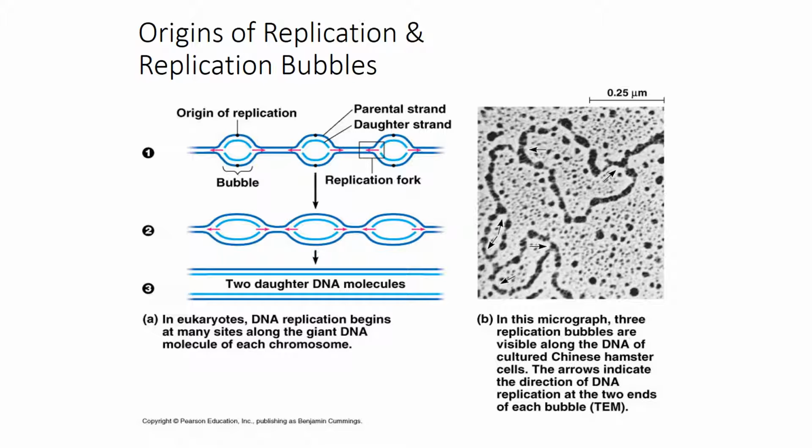That leads to 3 different replication bubbles, and we're going to have a total of 6 replication forks. Okay, and there's going to be some issues going on, which we'll get to a little bit later. But the main point is that this allows for DNA replication to occur in a timely manner in much more complex eukaryotic organisms.